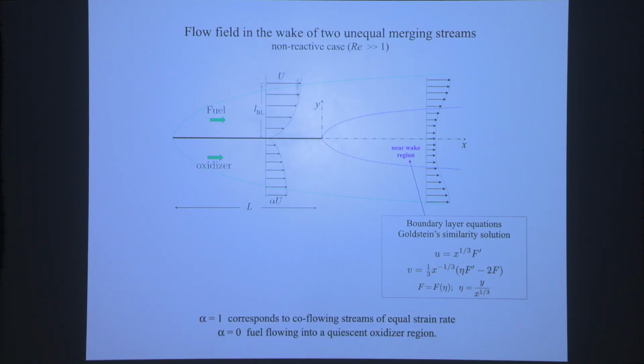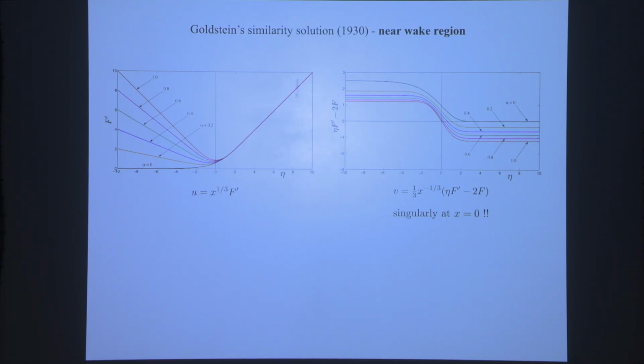This is what I am showing you now. It's the Goldstein solution, so it's just the axial and the transverse velocity as a function of eta. Remember that eta is essentially y divided by x.